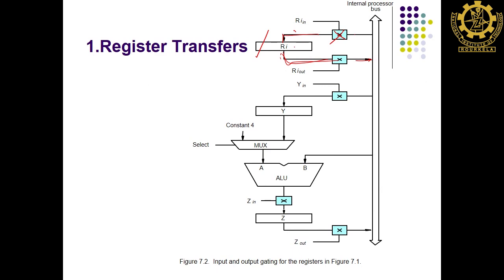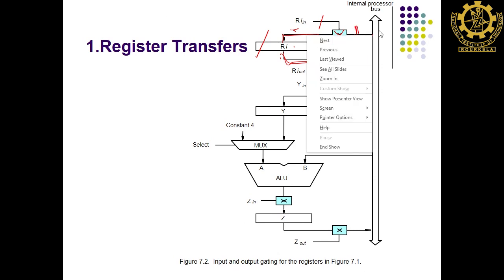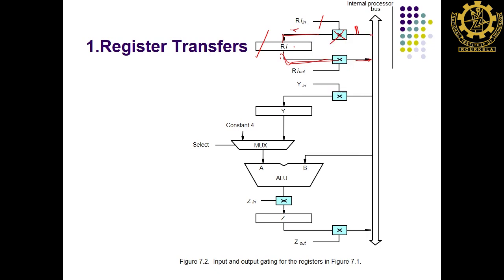My point is that for most registers, what we want to input to the register or take out from the register, we can control using two signals. One is called Ri in, the register associated with Ri. If Ri in is 1, then whatever value is there in the internal processor bus will come to Ri, otherwise it will not come.